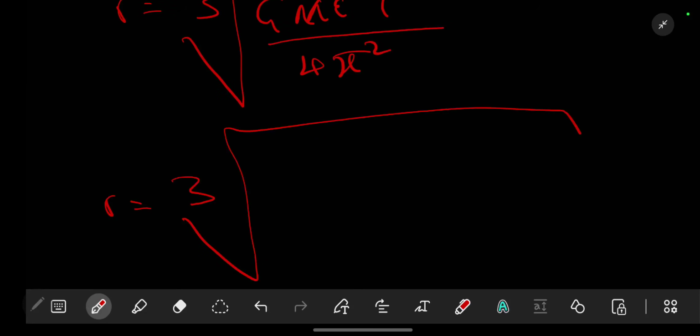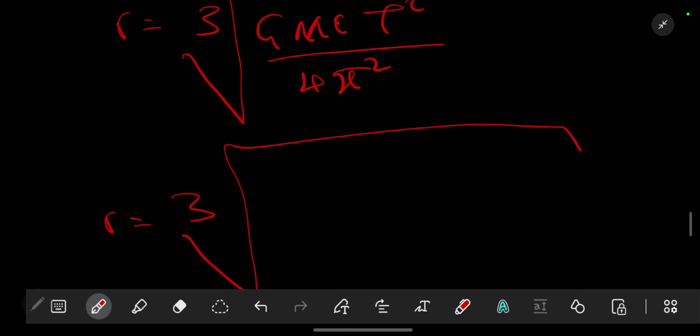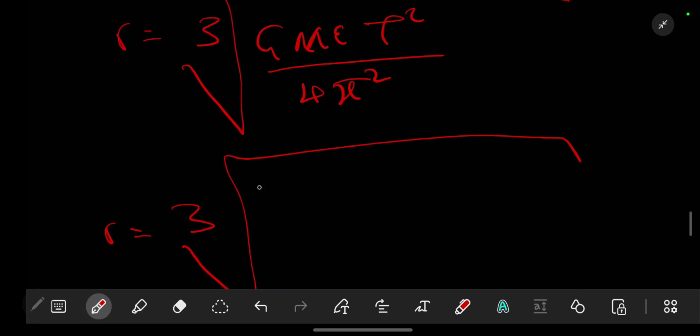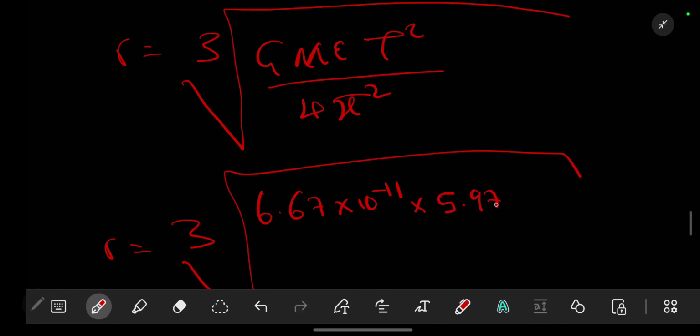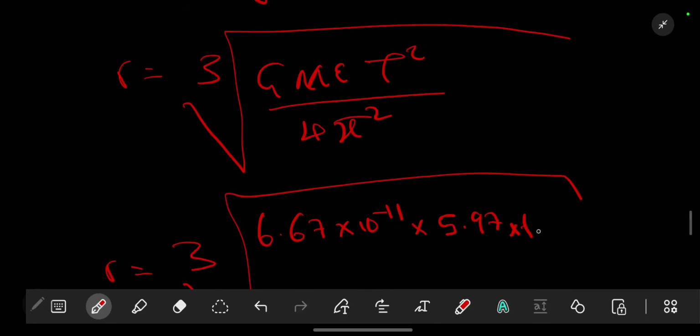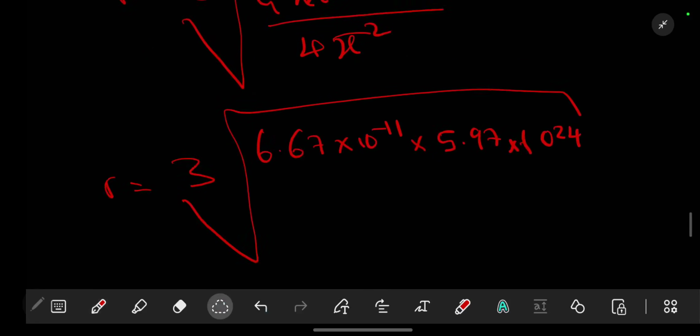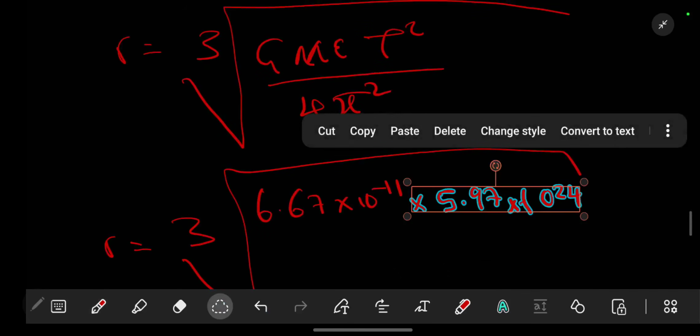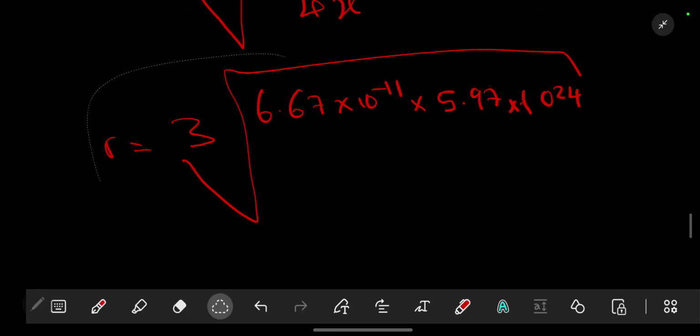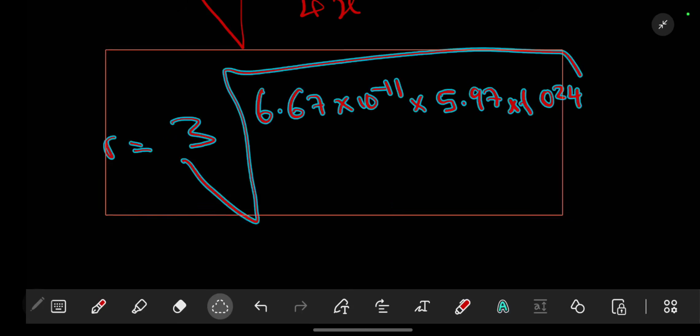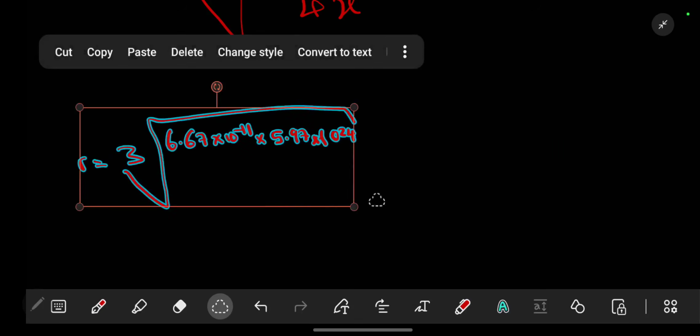Now we are replacing: G, the gravitational constant, is 6.67 times 10 to the power negative 11, times the mass of the Earth, which is 5.97 times 10 to the power of 24. So let's reduce the font of this a bit so that we have enough space.